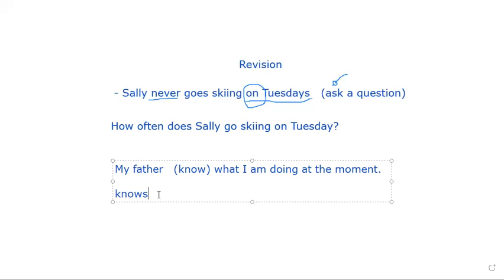Okay? So, here is another tricky question, the stative verbs. If you find a verb and you're not sure whether it's an action or a stative verb, imagine yourself doing it. If you find yourself requiring a movement to do it, then it's an action verb.